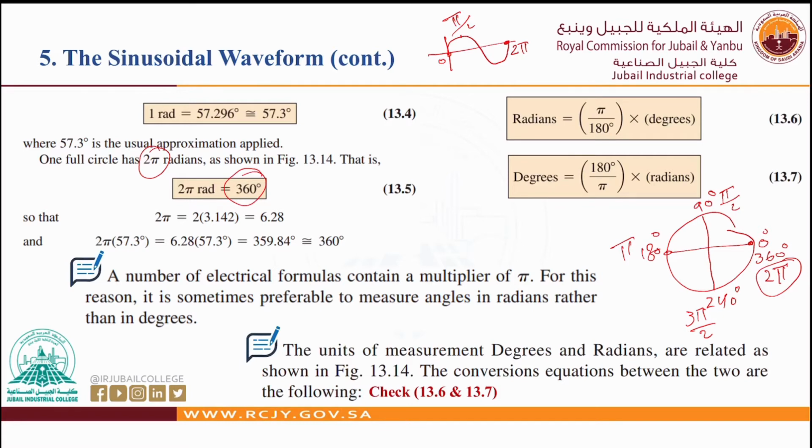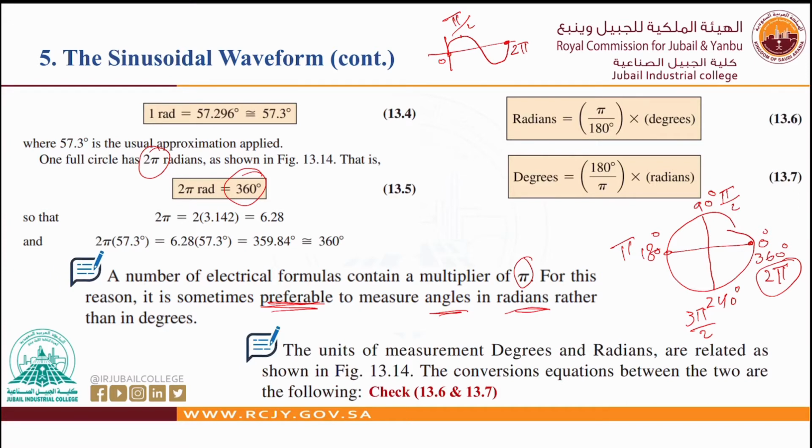A number of electrical formulas contain a multiplier of pi. For this reason, it is sometimes preferable to measure angles in radians rather than degrees.